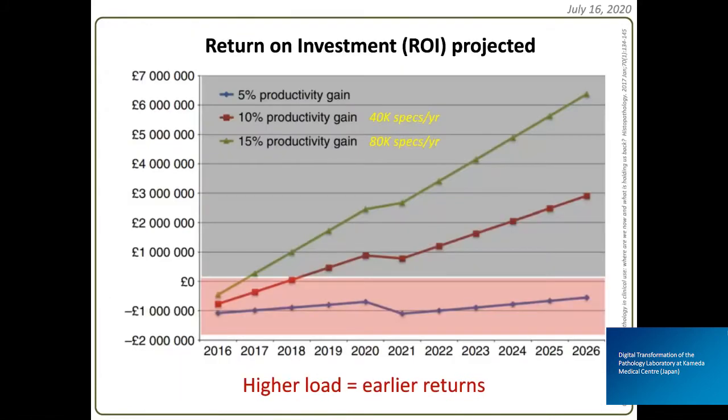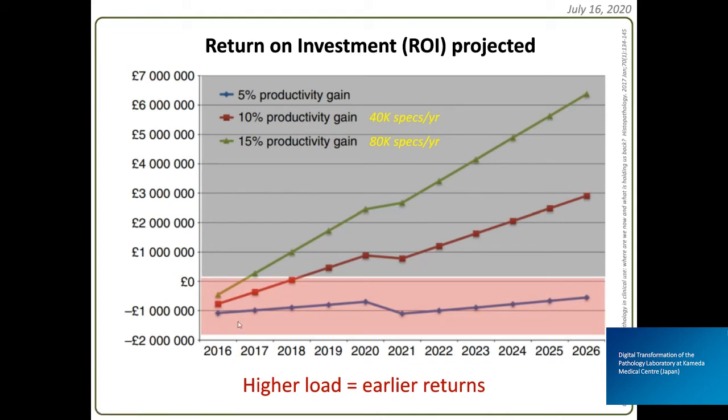Well, this is a frequently cited paper from the UK on projected ROI, return on investment. They performed quite complex estimates, not actually linked to any existing lab. So the lesson learned from here, and it actually works in real life, is that the higher caseload you have, the earlier returns you may expect.